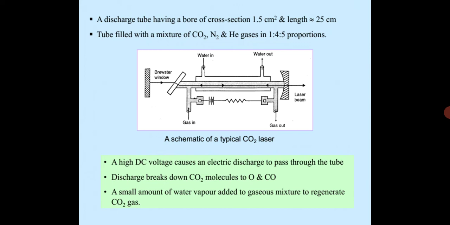A high DC voltage causes an electric discharge to pass through the tube. The discharge breaks down CO2 molecules to O and CO. A small amount of water vapor is added to the gaseous mixture to regenerate CO2 gas.